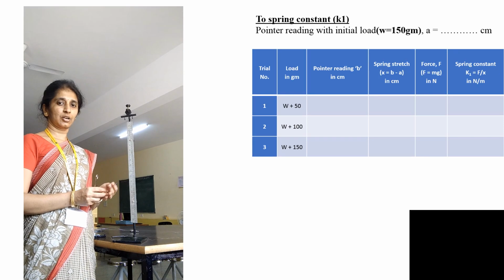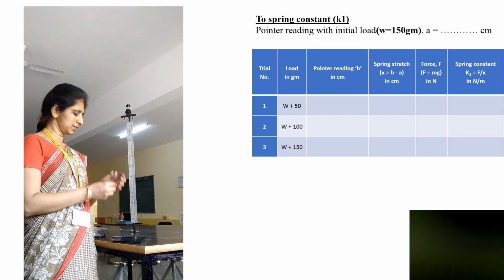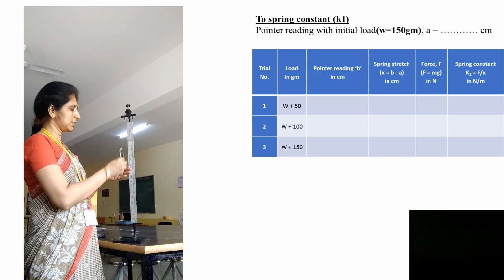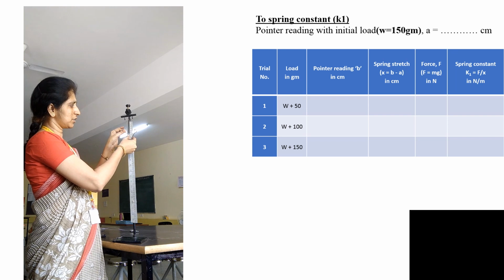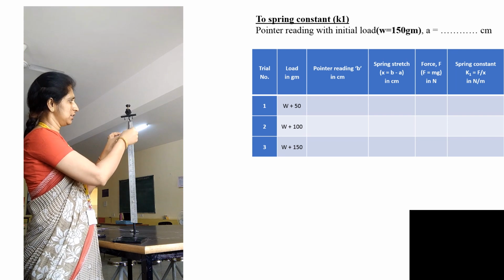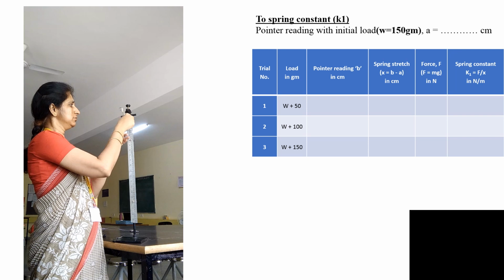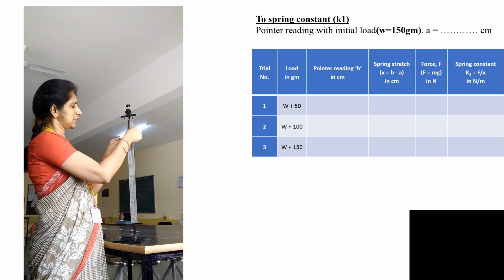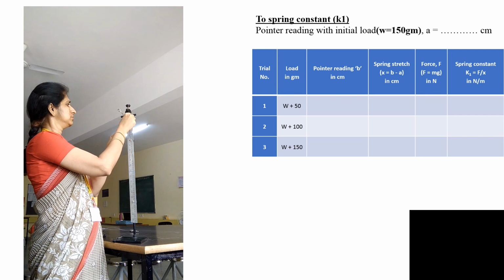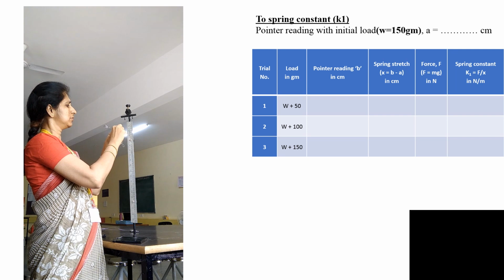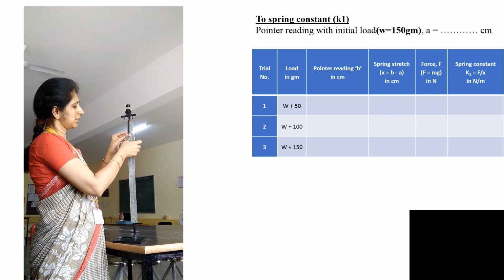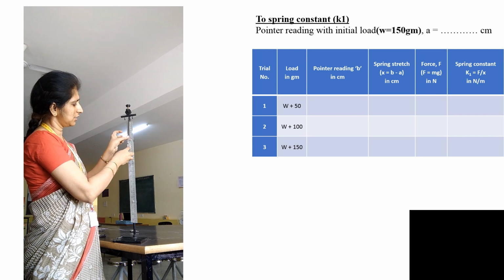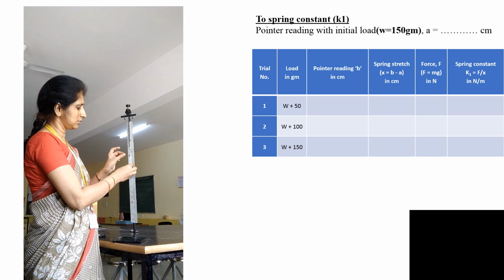Let us see how to determine the spring constant of a given spring. For that, let me hang a spring here and make sure that the pointer is towards the centimeter scale. And put the dead load or initial load.